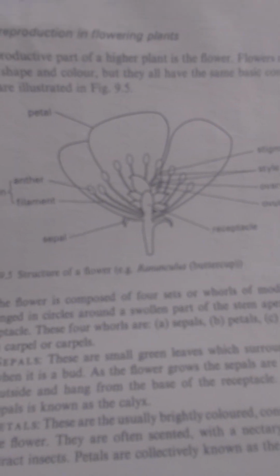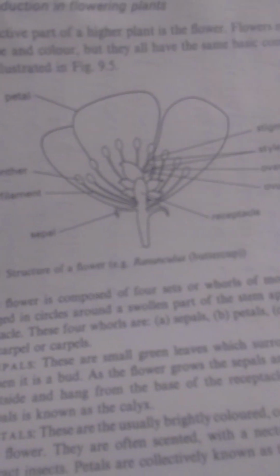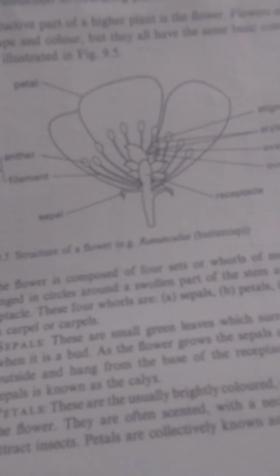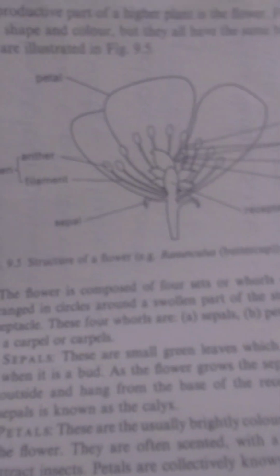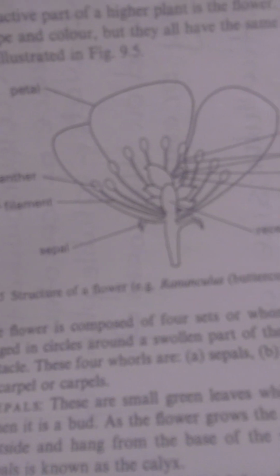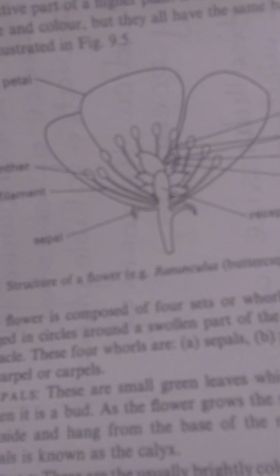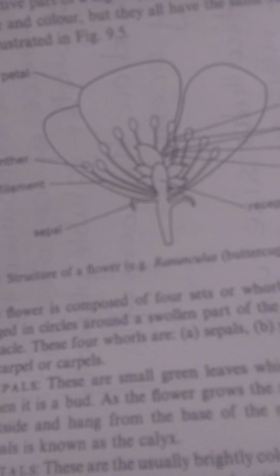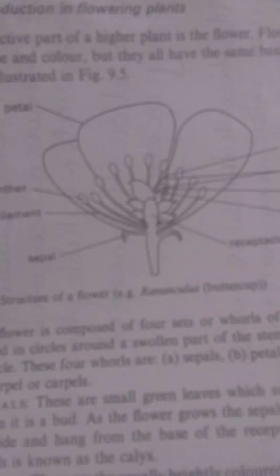When we talk about sexual reproduction of flowering plants, the reproductive part of a higher plant is a flower. As you can see in the structure, flowers may vary in size, shape, and color, but they all have the same components, which is illustrated in this structure.